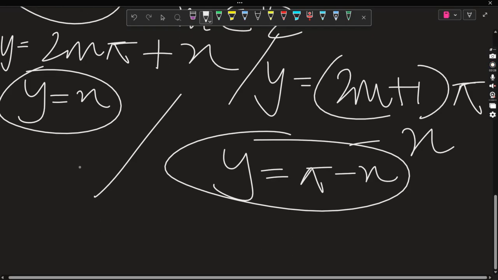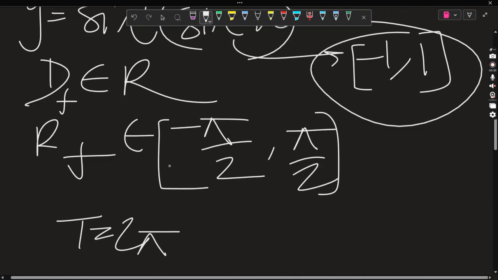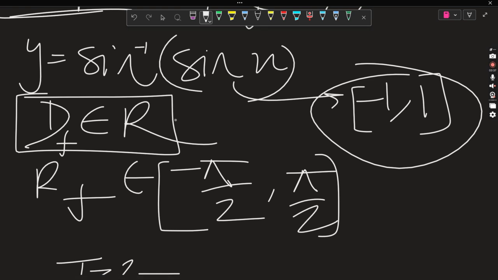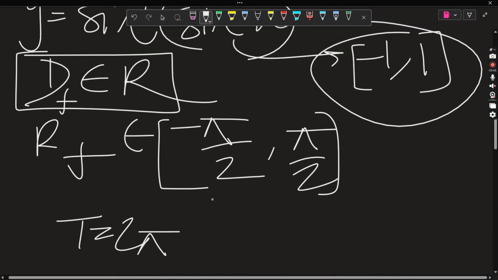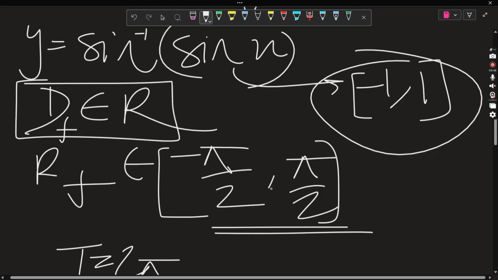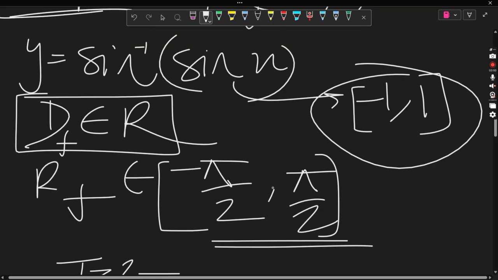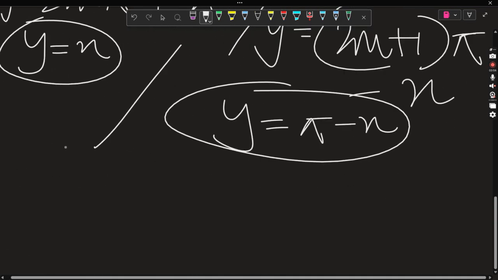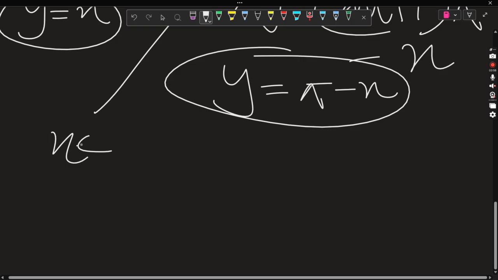Now the x value that was belonging to all real was chopped into the interval of minus pi by 2 to pi by 2, just so that our function is invertible. So for y is equal to x, x belongs from minus pi by 2 to pi by 2.